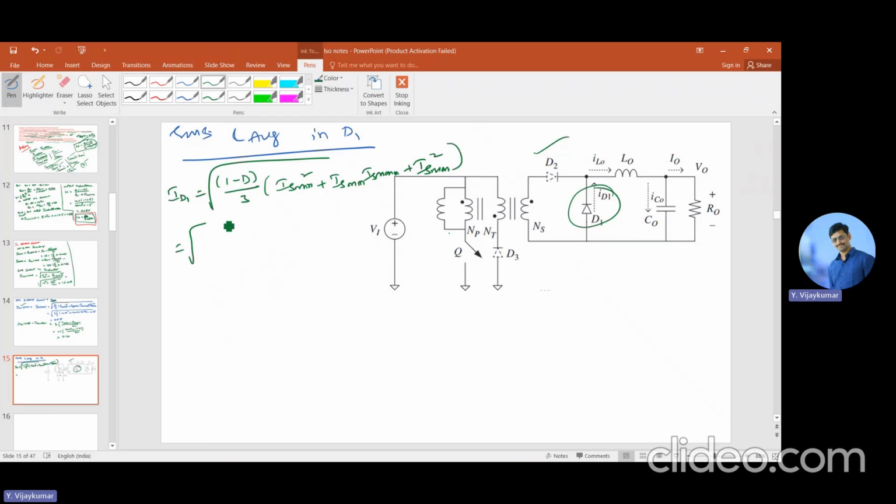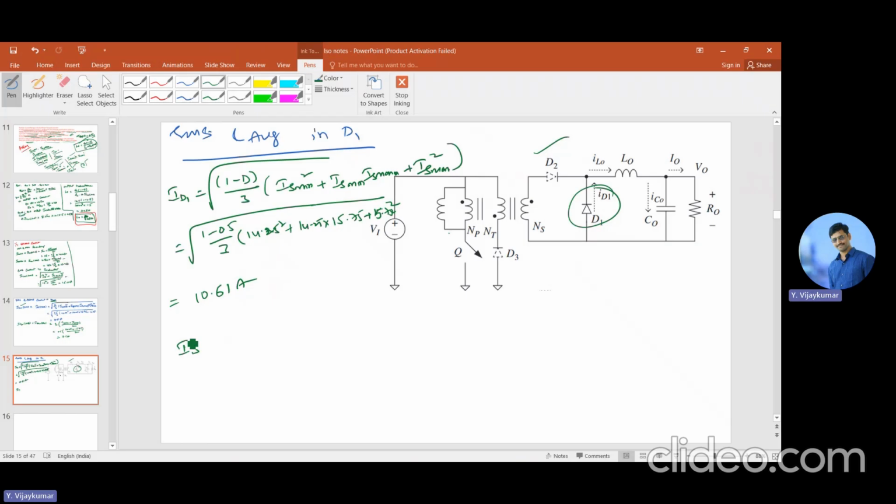If I substitute here, 1 minus 0.5 divided by 3, 14.25 square plus 14.25 into 15.75 plus 15.75 square, we are going to get the answer, 10.61 amperes.